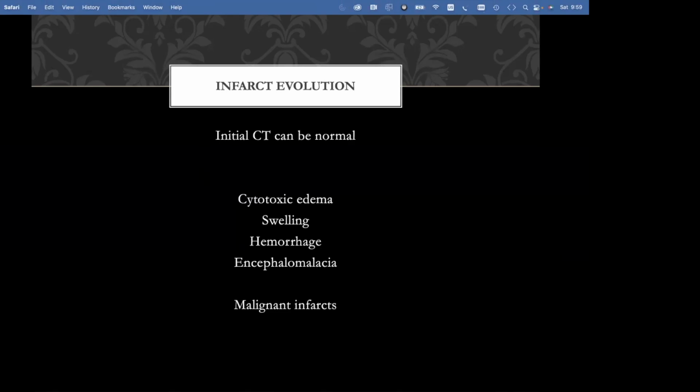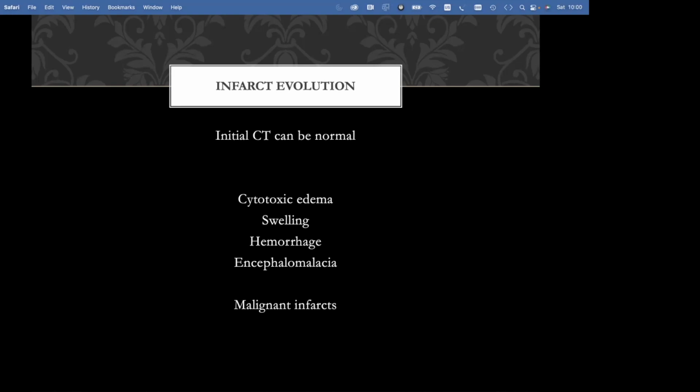In terms of timing of infarcts on CT imaging, I'm sure you're well aware that the initial CT scan can be normal, even in patients who have large vessel occlusion, depending on the timing of the scan and their collateral flow. But the important concept we need to keep in mind when we think about infarct evolution is the presence of cytotoxic edema.